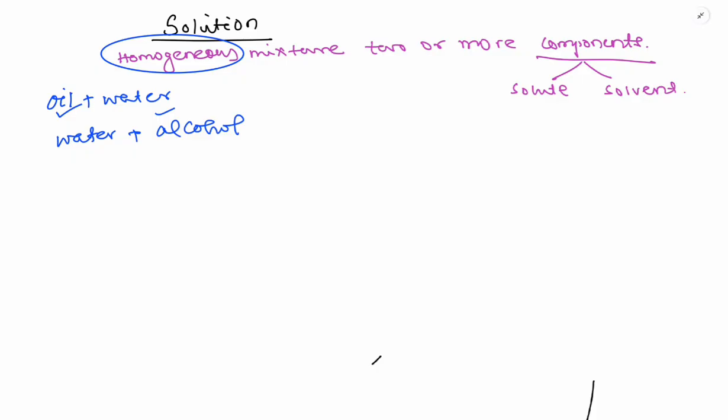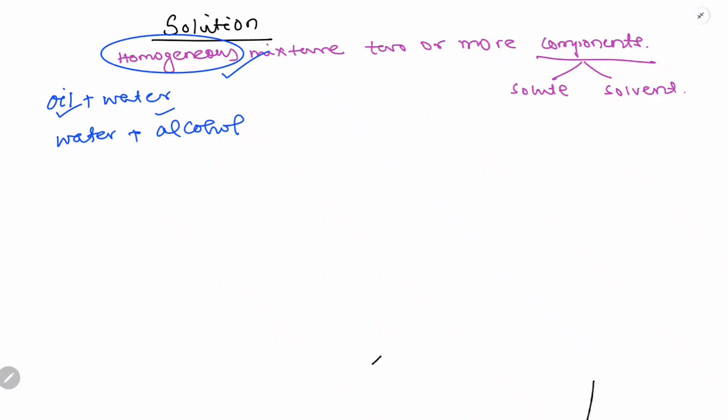So always remember, if by observing a mixture you can identify that different components are present, then it is called heterogeneous. But if you are unable to identify different components, and it seems to be one component, then it will be called homogeneous.